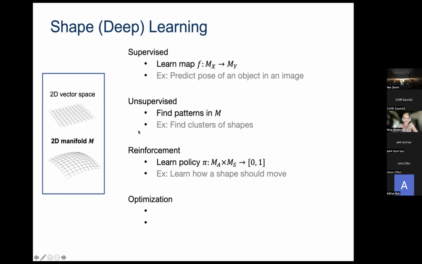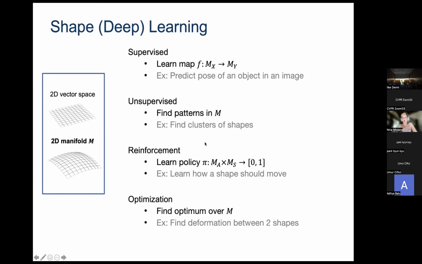And lastly, what is underpinning a lot of development in deep learning is the broader field of optimization. And same thing, we may wonder how this can generalize to manifolds. Let's say we want to find the optimal shape that verifies a certain criterion. In that case, we want to perform an optimization where the parameter that is varying is actually varying on a manifold.